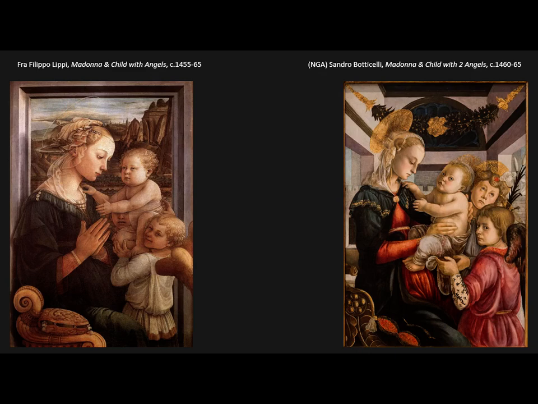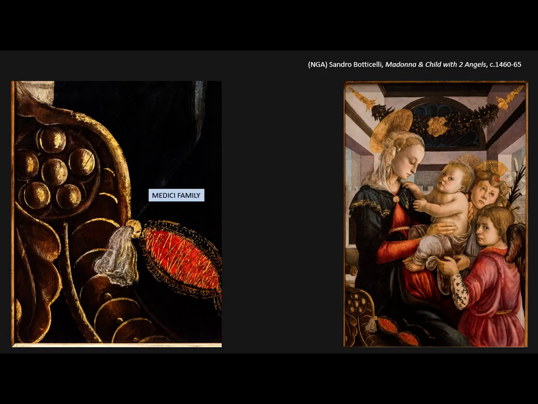Again, a conch shell over her head. Behind her, a wall, a reference to the walled garden of virginity, probably. She sits on a throne. The halos existing in perspective as well. This particular work, we know who commissioned it.